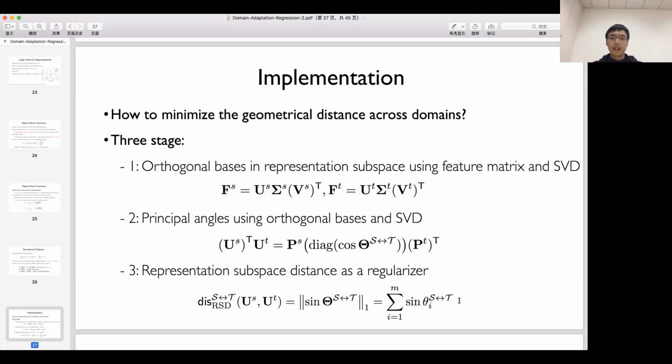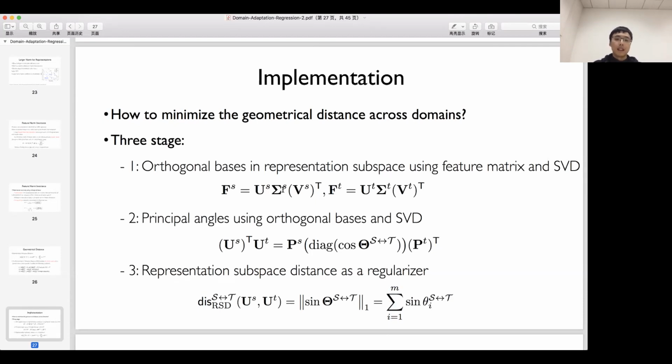What we find is not very reasonable is that in the first stage, we used the SVD to get orthogonal bases. But we find that each orthogonal basis corresponds to a different singular value. What does it mean? For example, if we have an orthogonal basis with a singular value of more than 100, which is very large, it means that this orthogonal basis is very important in this feature matrix.